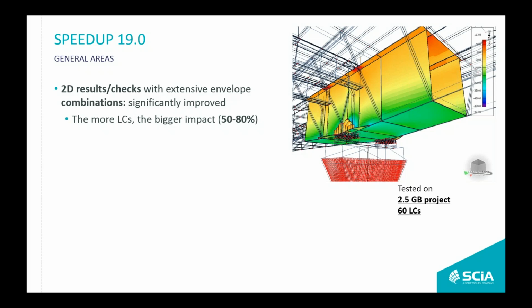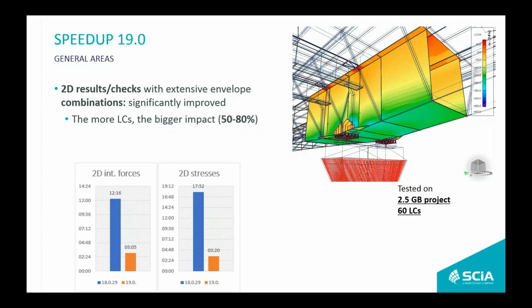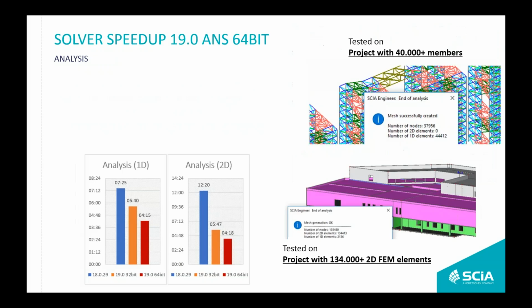And also, the bigger the envelope combinations, the bigger the impact. For this quite demanding project, the evaluation of 2D stresses for a selection of 2D members was reduced from nearly 18 minutes in version 18 to a mere 3 minutes 20 seconds in version 19. So in this case, the speed up is very significant.